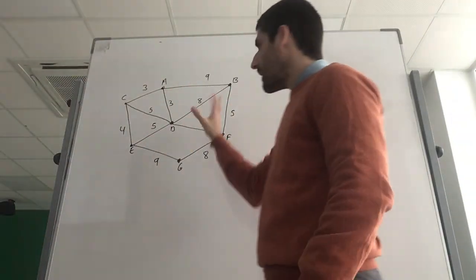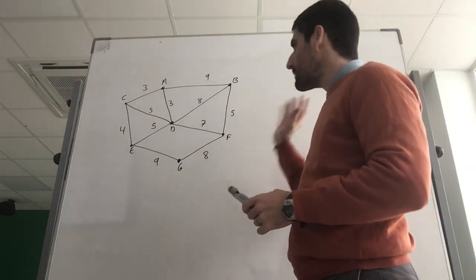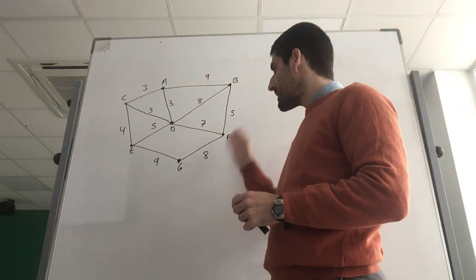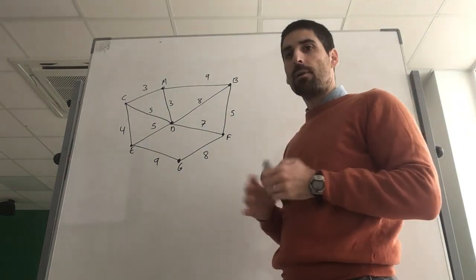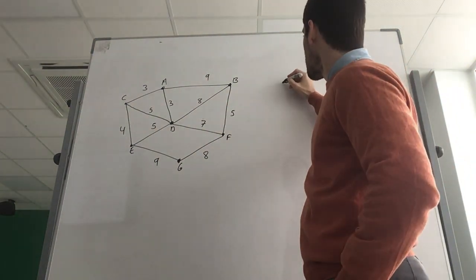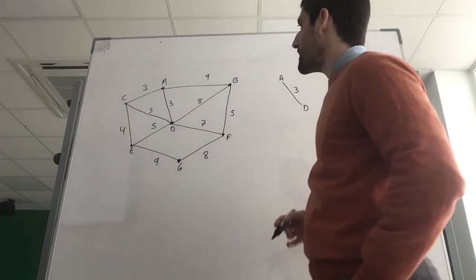Okay, so I've got here the network that we had before. I am going to find the minimum spanning tree using Kruskal's. Remember, Kruskal's looks at edges, and we start with the shortest edge. Now the shortest edge is AD. So A to D for a weight of 3.